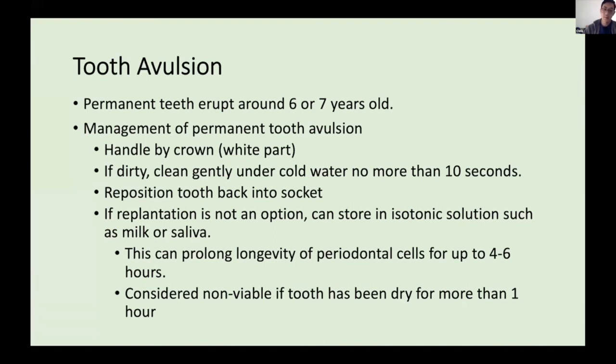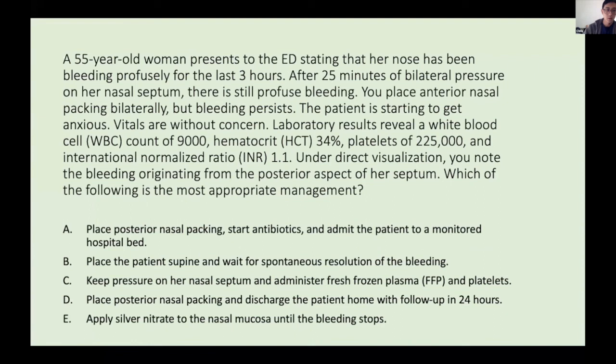But if the tooth has been dry for more than 1 hour, it's considered non-viable. And you'll have the most success of replantation if they also get root canal treatment within 7 to 14 days.